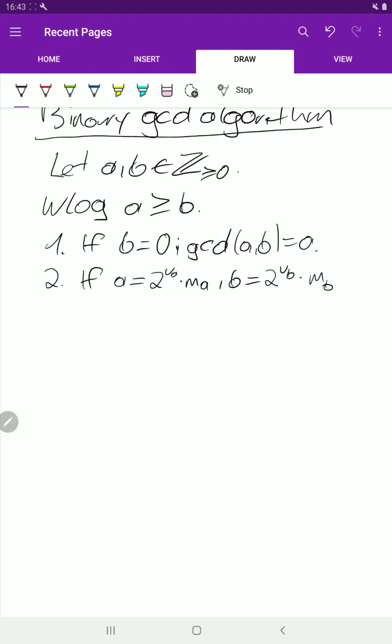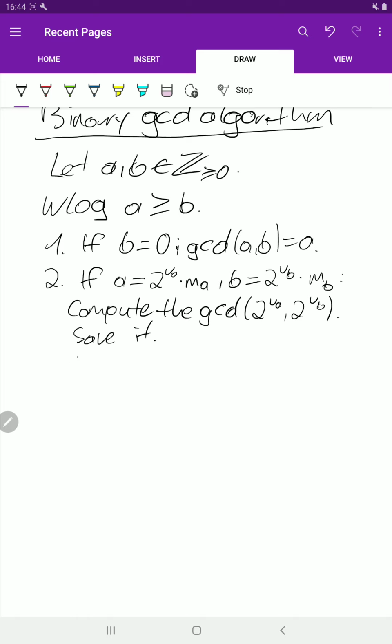Now we compute the GCD of 2 to the ν_a and 2 to the ν_b and save it. And now we set a to be m_a and b to be m_b.